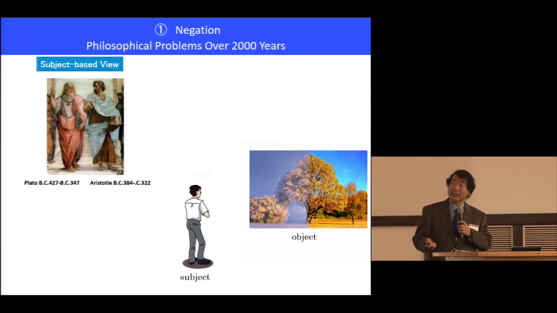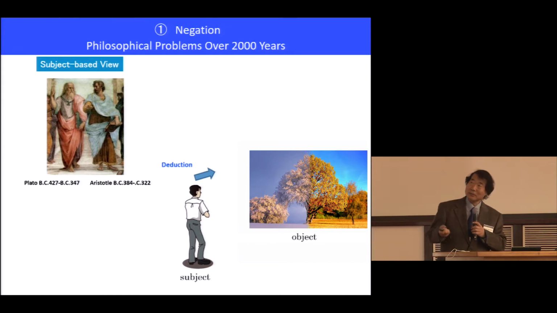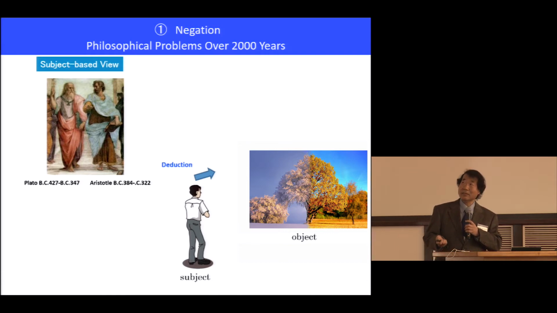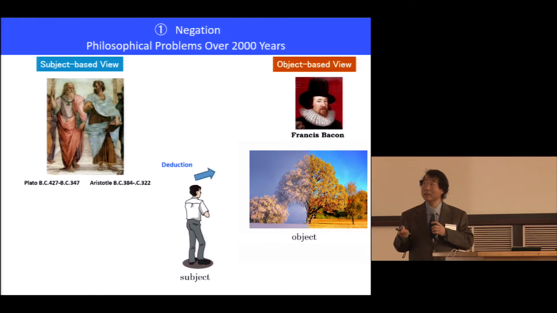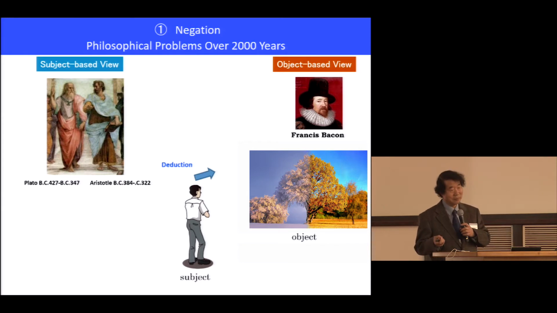They consider the ideal in my mind, and they believe through deduction we understand the outside world. This is one view. There is another view, mainly oriented by Francis Bacon. It is called the object-based view.